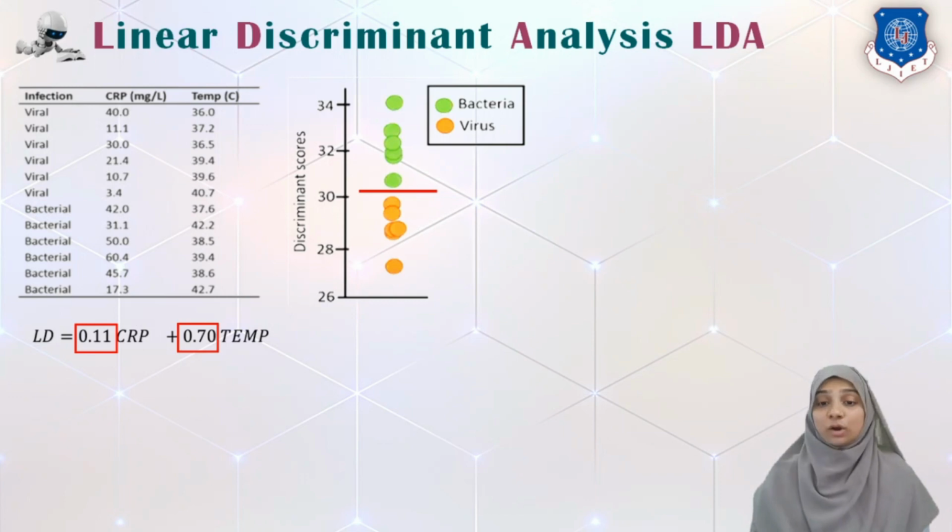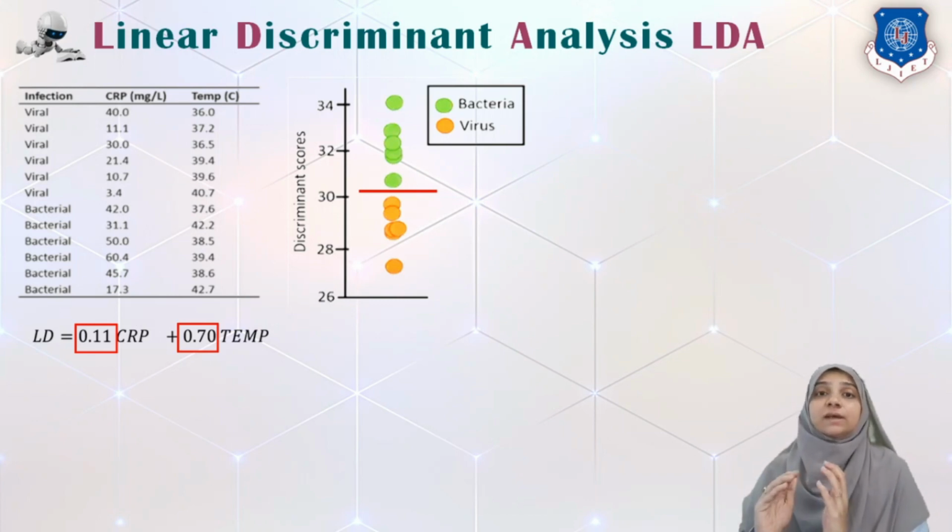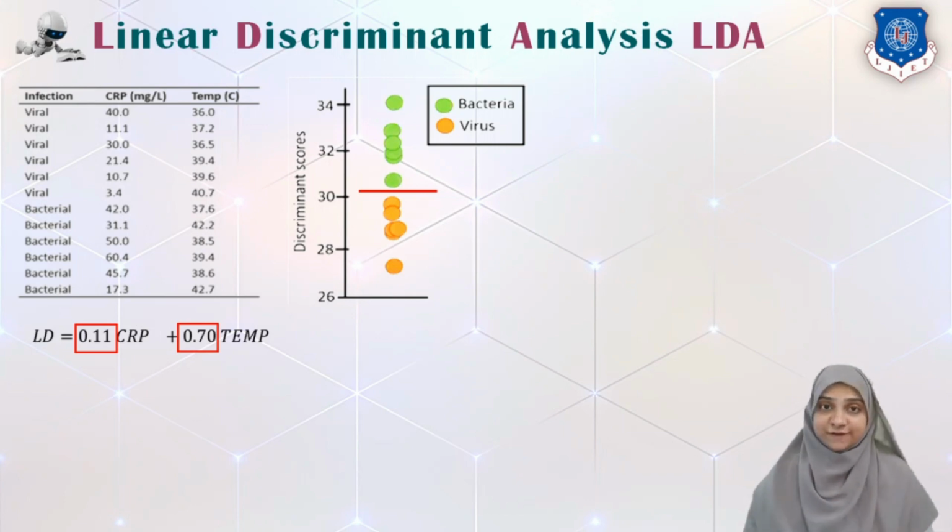And here I will also find out the coefficient of temperature and coefficient of CRP with the help of a statistical method. So these values 0.11 and 0.70 are nothing but forming an equation of a line which was initially separating our data set of those points which contain bacterial infection and viral infection.